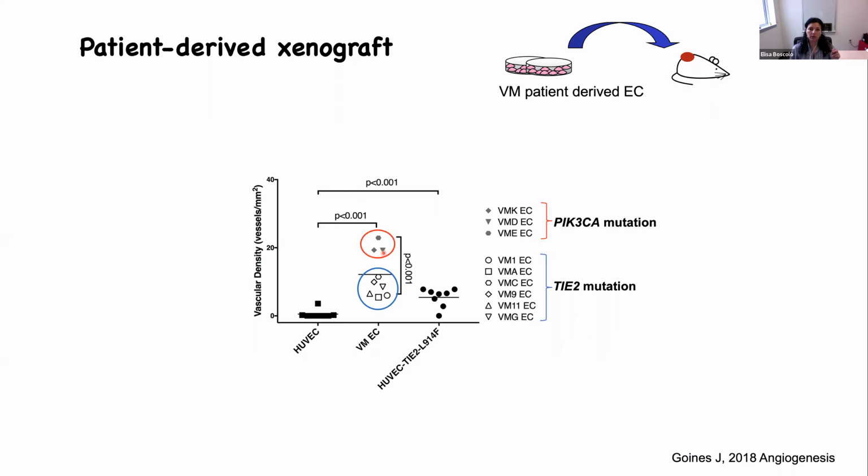The N number is not very high, and it would be good to add more samples and compare more extensively, but I think this shows there is a tendency. So it's possible that increased AKT activation in patients with PIK3CA mutations in VM induces a phenotype that correlates with increased vascular density.